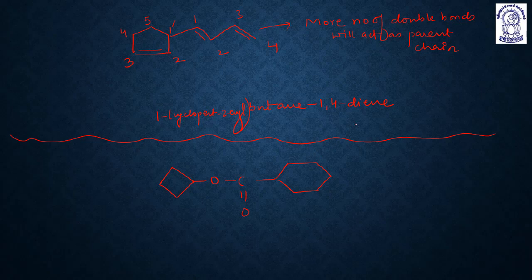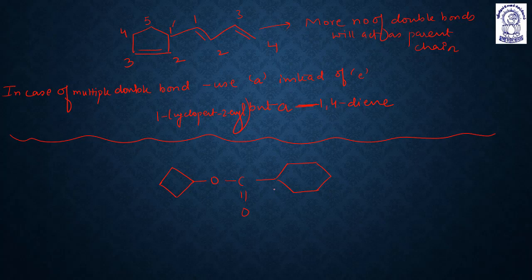One thing please remember, in case of multiple double bonds, use A instead of E. So it will become buta-1,4-diene. Understood?